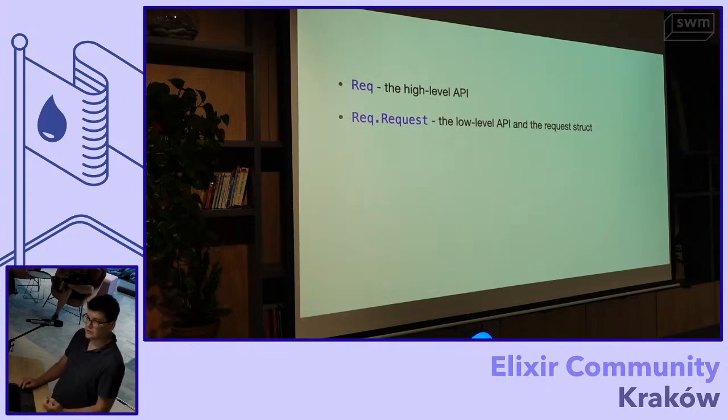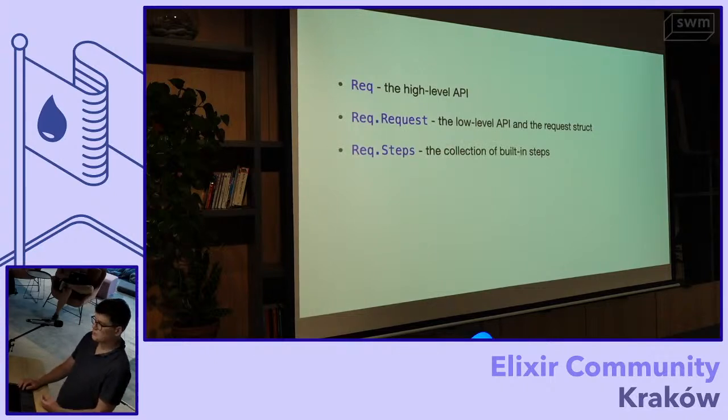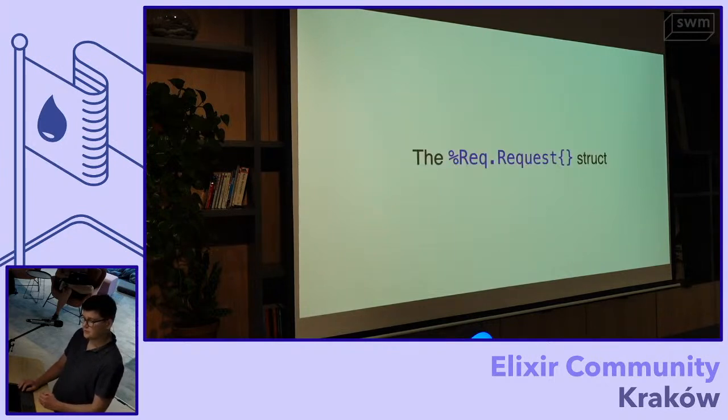This is the API that you would use to write your own steps or to add custom steps to your requests. And then you have the Rec steps module, which is just the collection of all of the built-in ones.